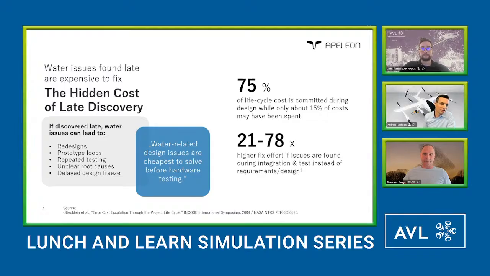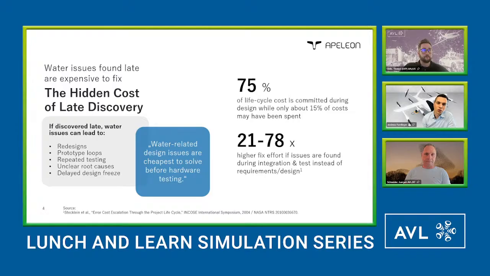And here, it's important that we know that issues with rain discovered late means a redesign. It means that we need to build several more prototypes, maybe. It means that we need to repeat tests, but we also need to extend our development timeline if it's discovered late.